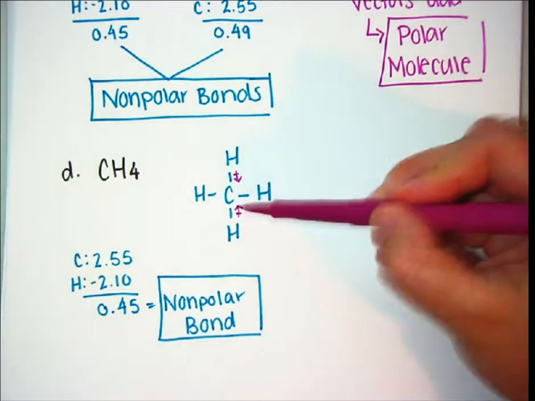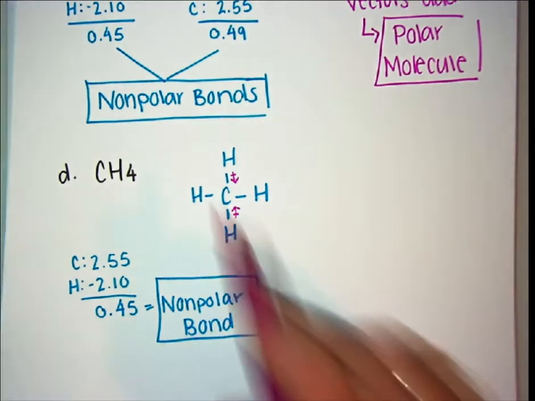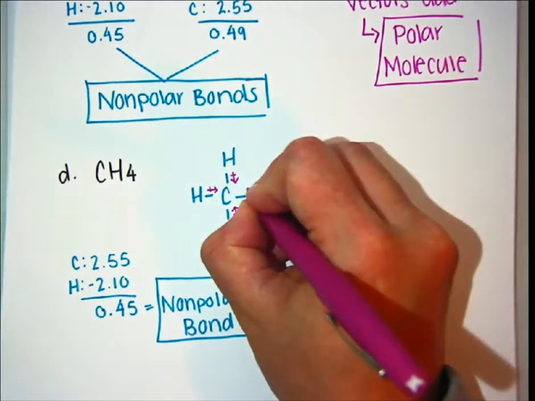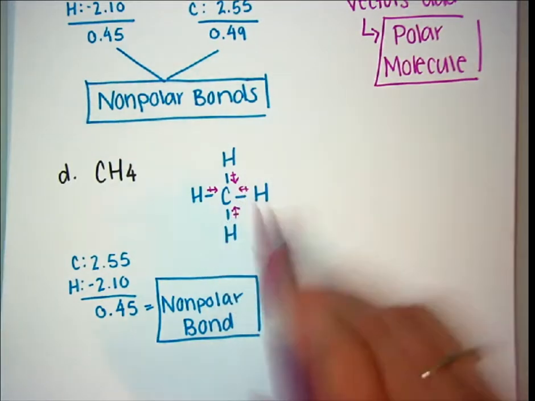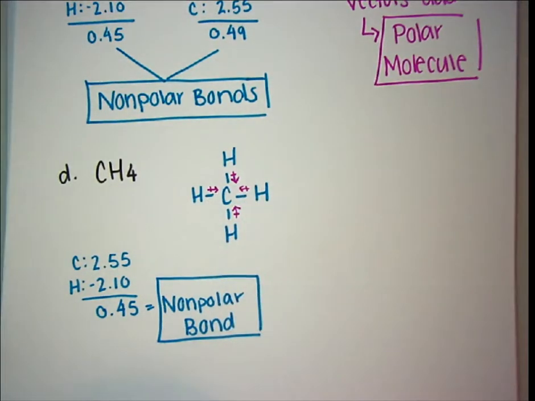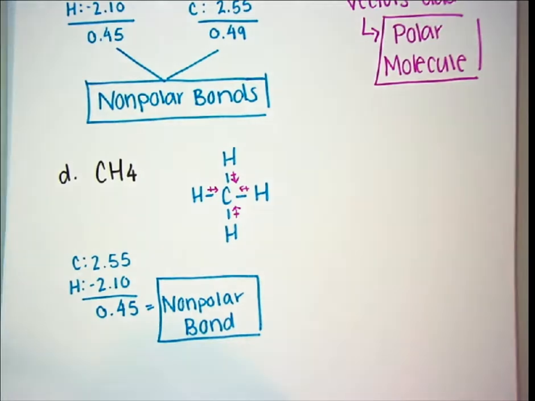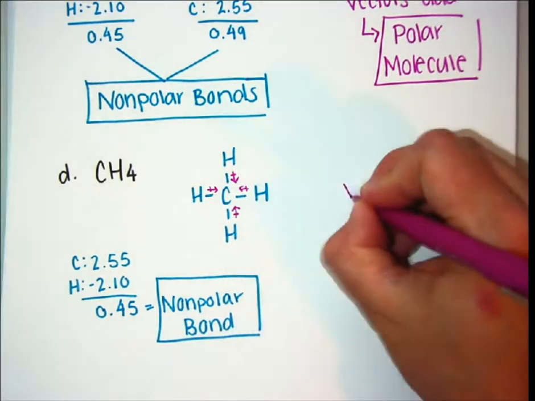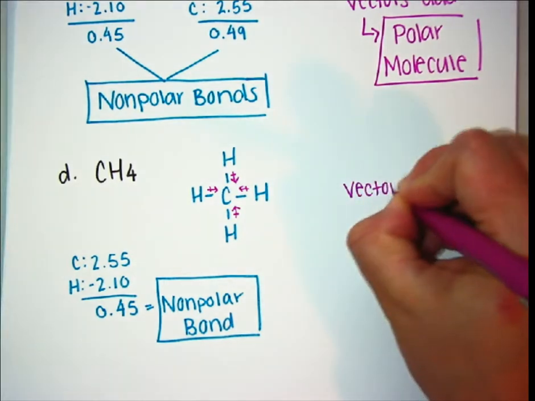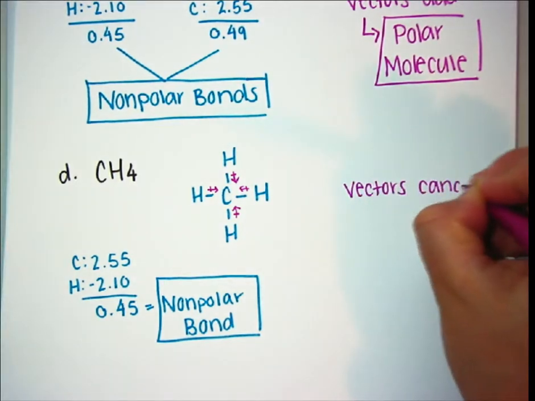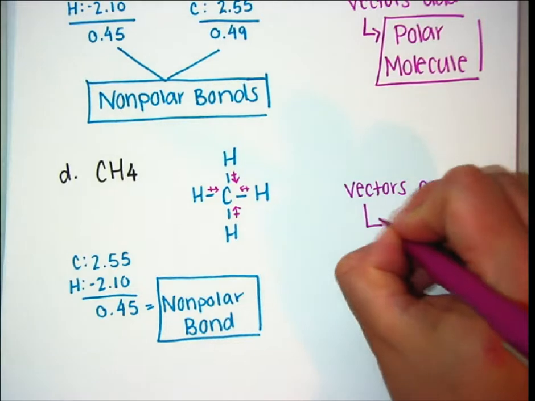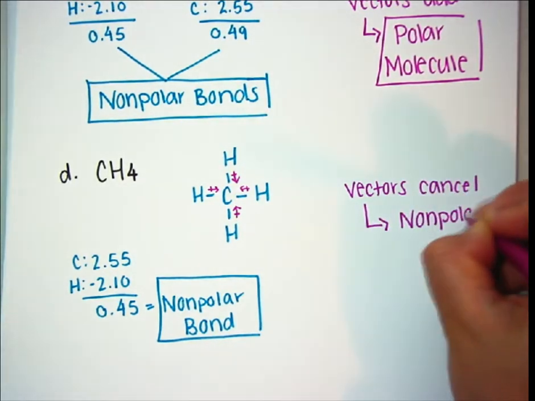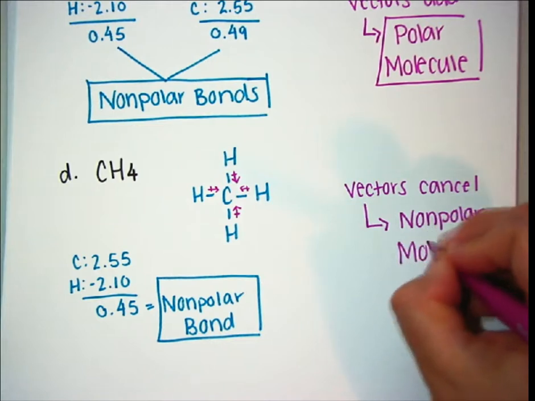These two vectors are going to cancel out. Well, same thing with my other two hydrogens. My vectors are going to point towards carbon. They're equal in magnitude but opposite in sign. That means these ones are going to cancel out. All vectors cancel. That means we are not creating any poles. This is going to be a nonpolar molecule.